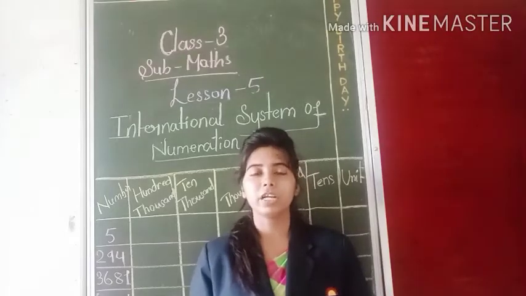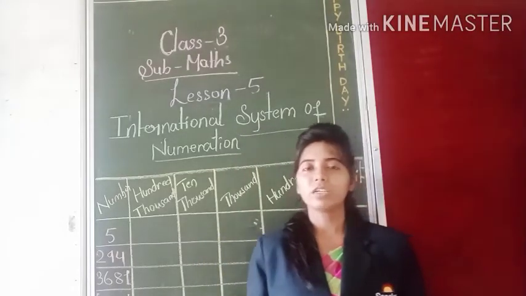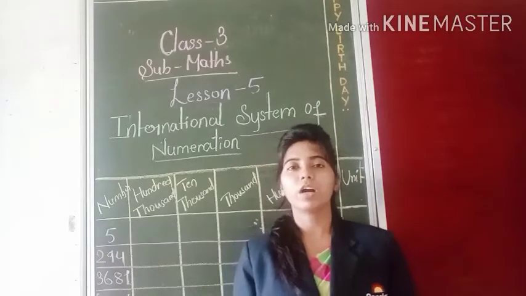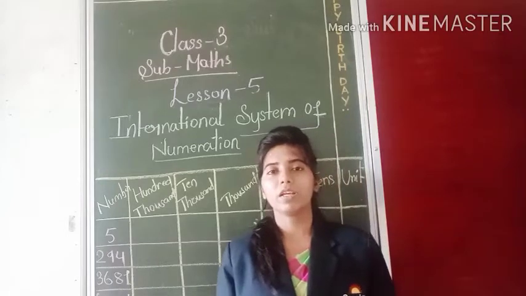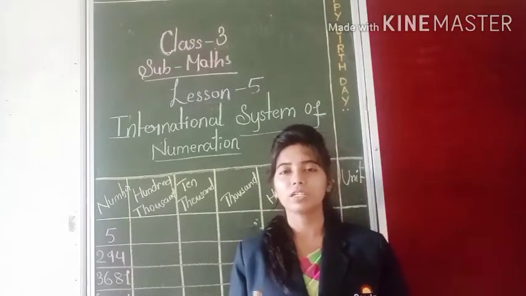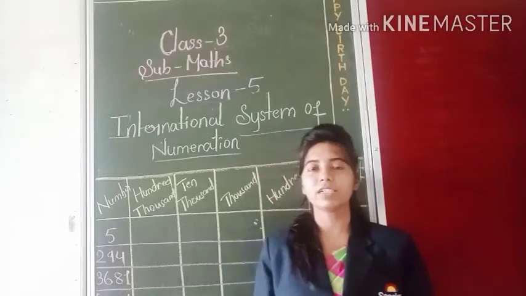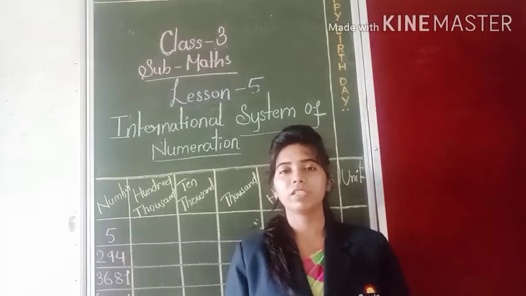In Bharatiya Ganna Pranali, after 1,000 come lakh, crore, and in the international system after 1,000 come millions, billions.